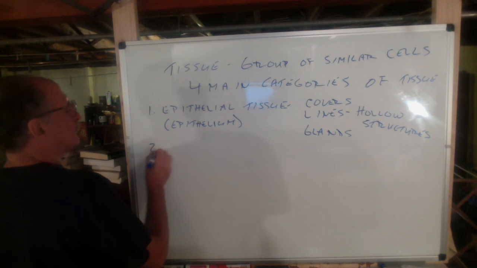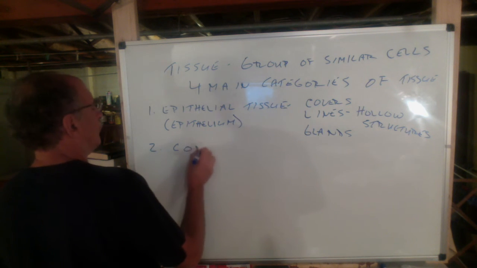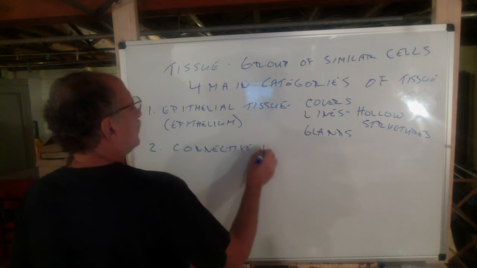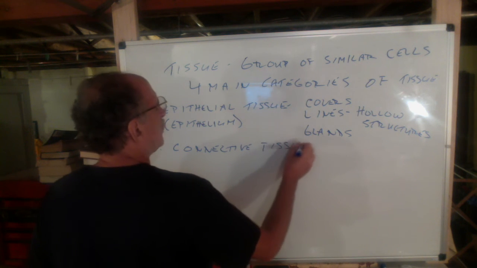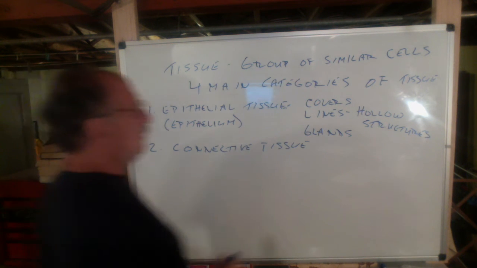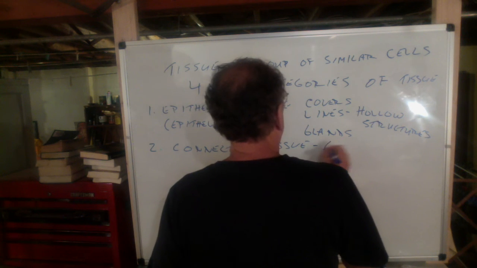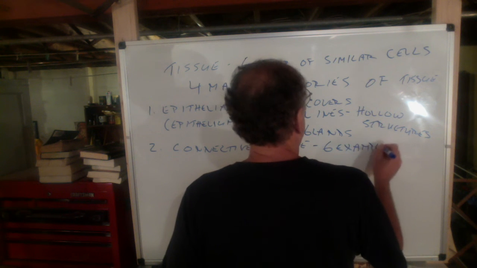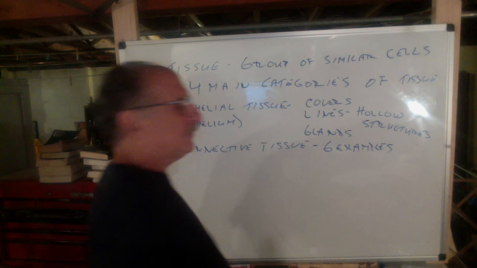Second type of tissue is connective tissue. I'm not going to say too much by way of definition for connective tissue, but I do want to give you 6 examples of connective tissue.